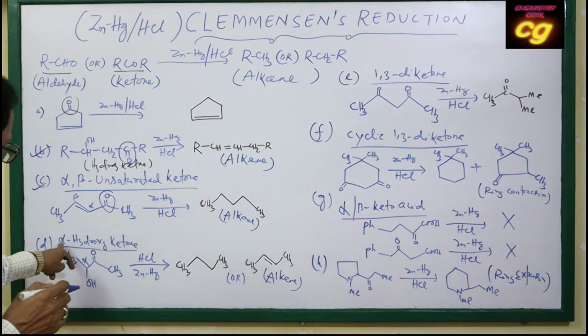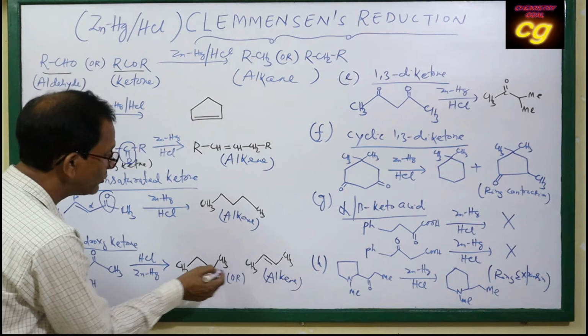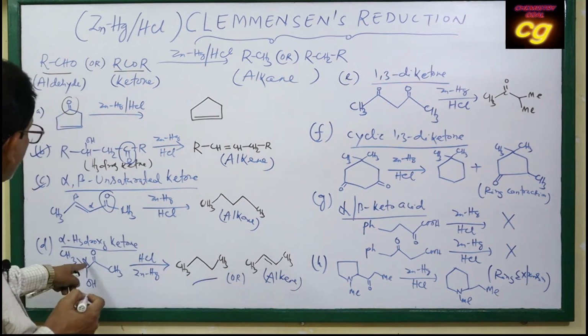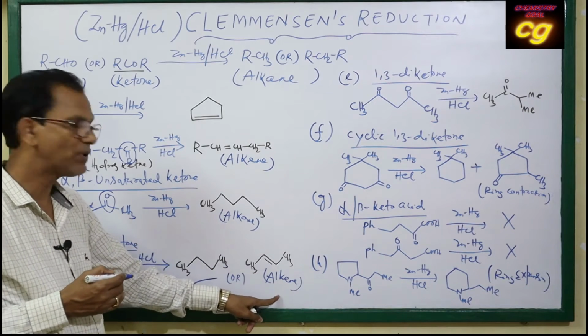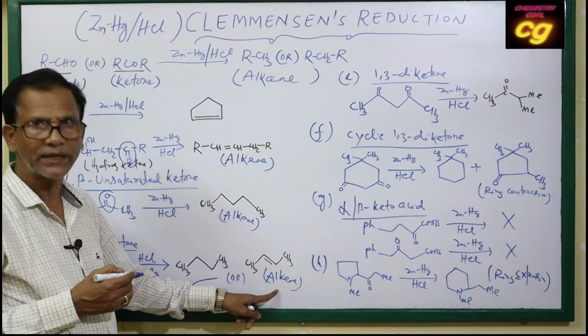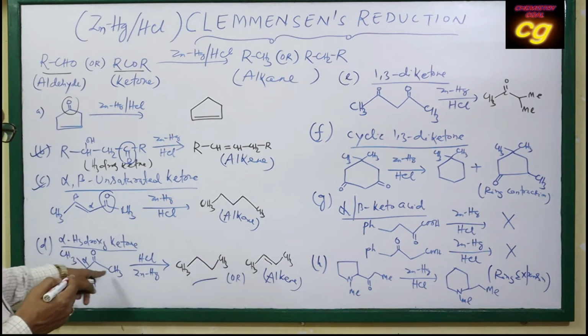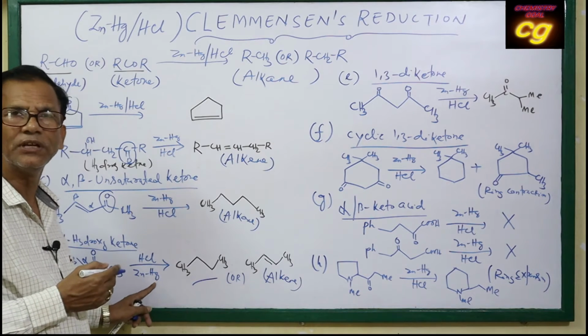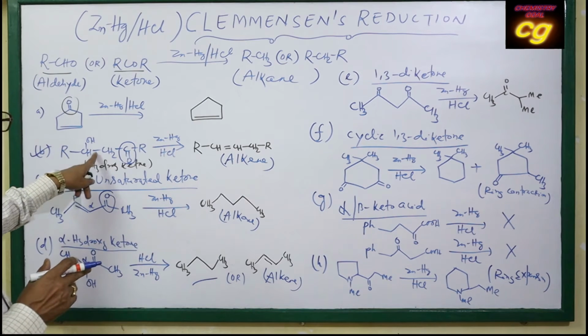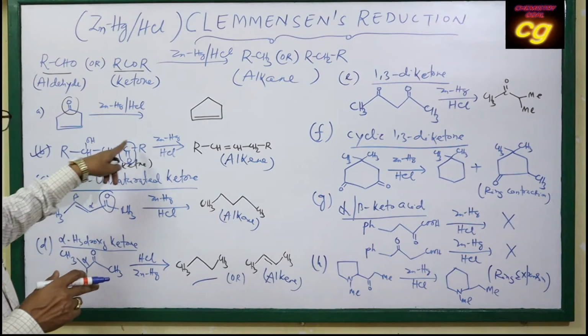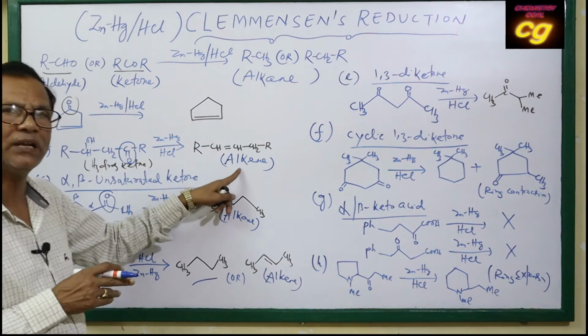So either it converts to alkane or it may convert to alkene, but here the major product is alkene in the presence of zinc amalgam and HCl. Any hydroxy ketone, as we have already discussed, when treated with zinc amalgam converts to alkene.